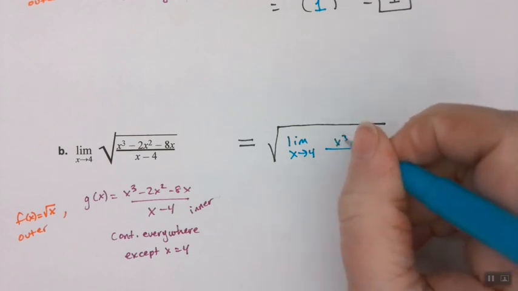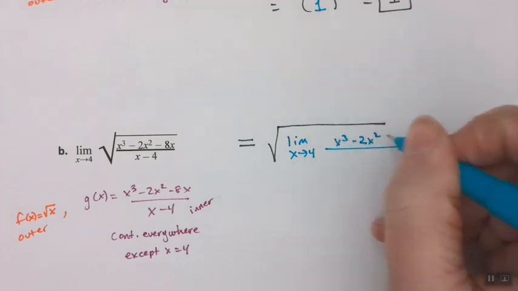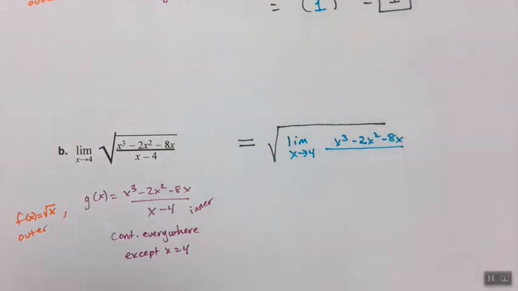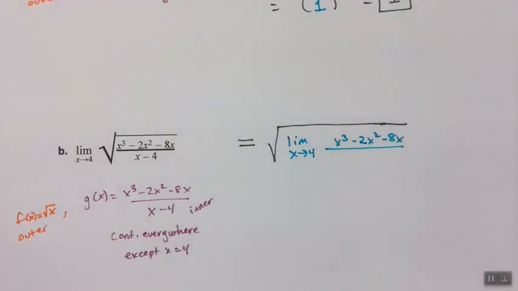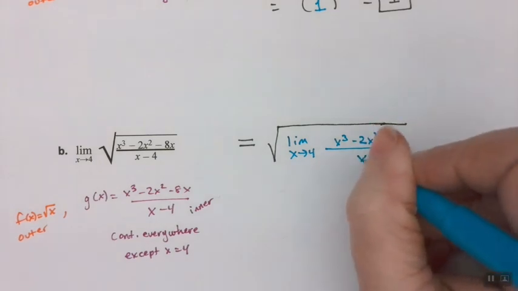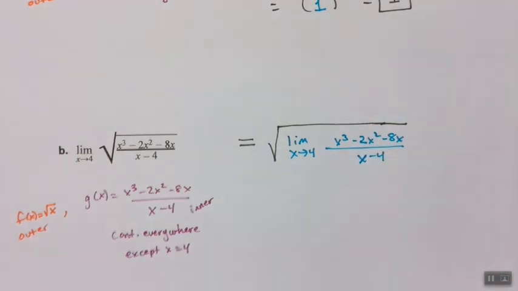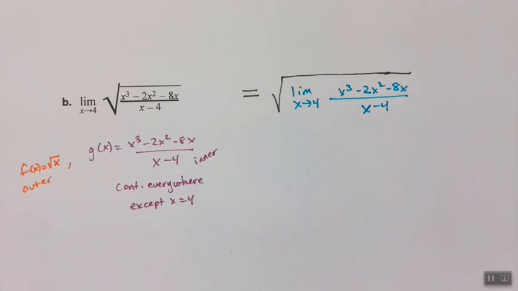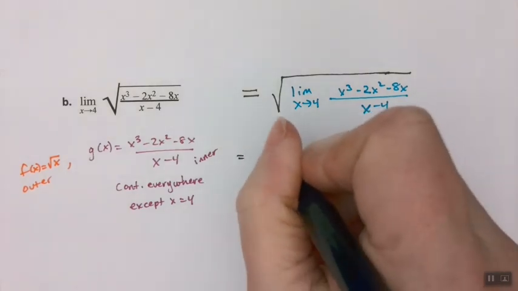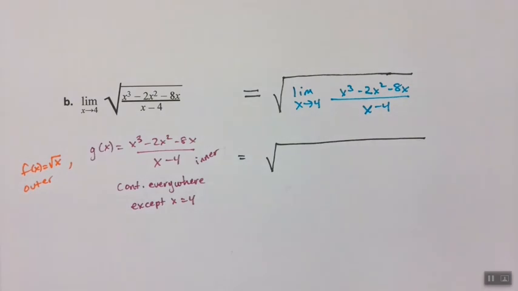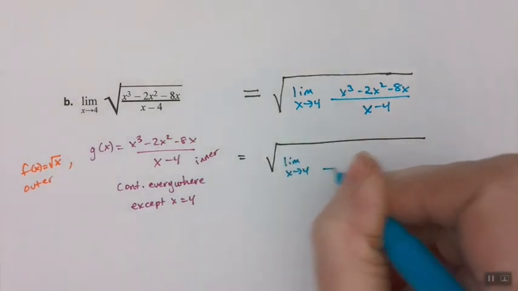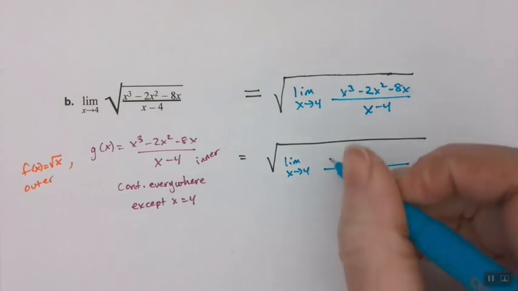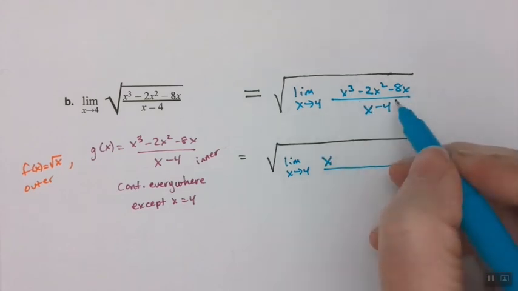Now I know what you're thinking. You're thinking, but we can't have 4. If we put 4 in, we will get 0 because there's that denominator. And you'd be correct. If only you knew some algebra tricks that would help you simplify it. So this would be the square root of, and then we'll simplify this inner portion. The numerator factors. You can take an x out of every term.